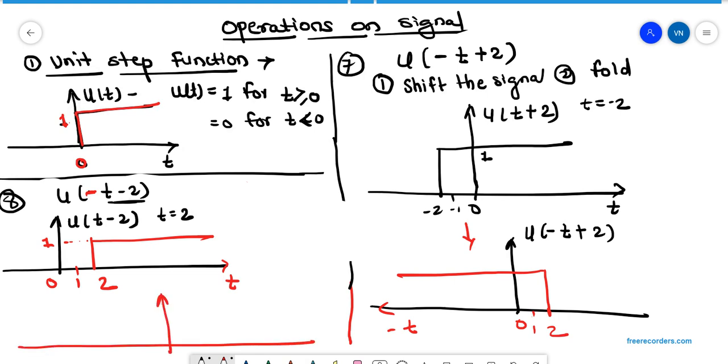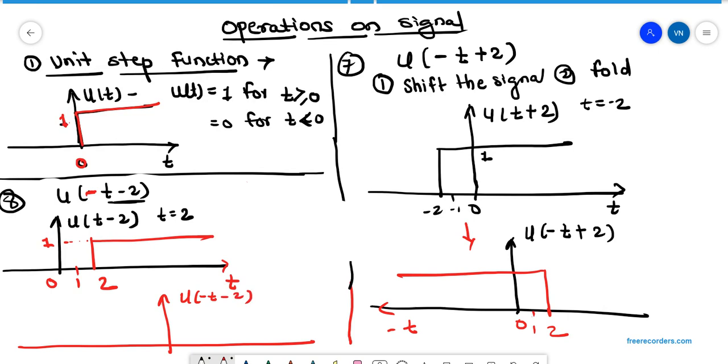So how do we write the mirror image of this? The mirror image of that signal is u of minus t minus 2.